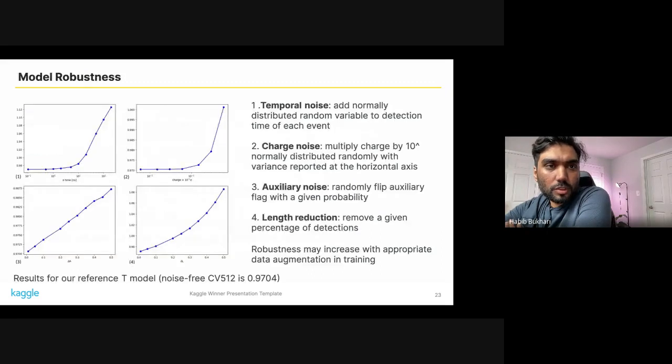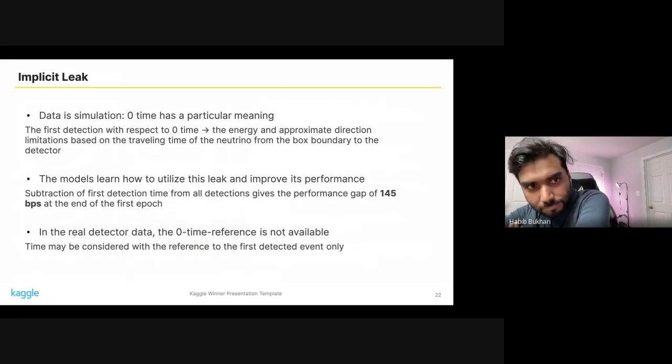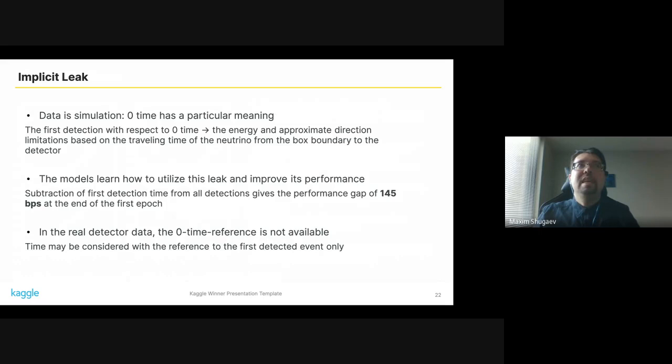Out of the findings, I would like to mention the implicit leak. Specifically, the data in this competition is the result of computer simulation, and so the zero time has a particular meaning. I expect it is the time when the neutrino is added at the box boundary before the simulation.